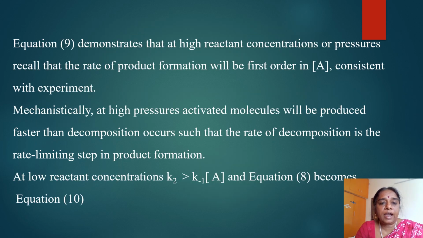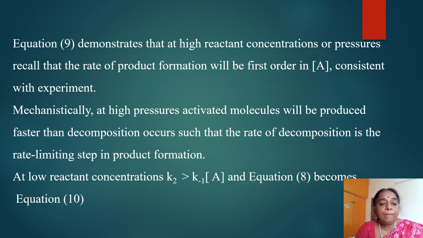Equation 9 demonstrates that at high substrate concentrations or at high gas pressures, product formation follows first order in A, consistent with the experimental result. Mechanistically, at high pressures, activated molecules are produced faster than decomposition occurs, such that the rate of decomposition is the rate determining step in the product formation.